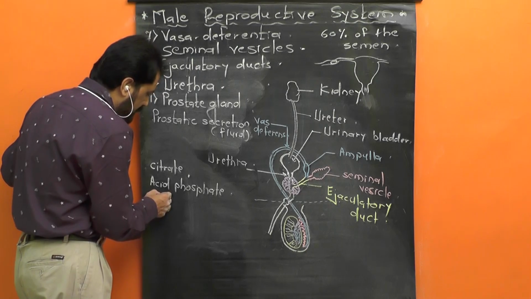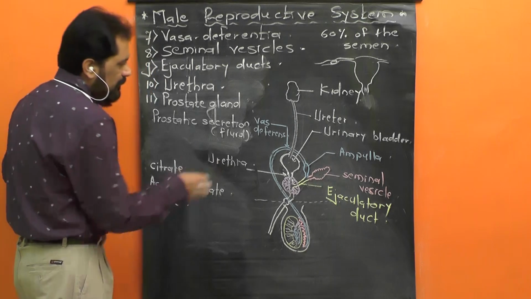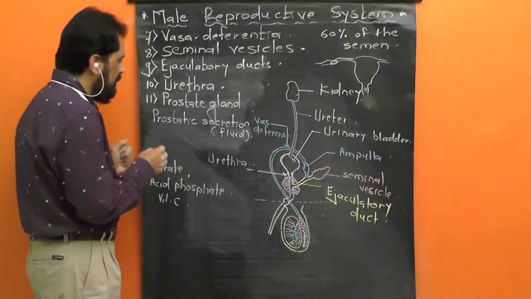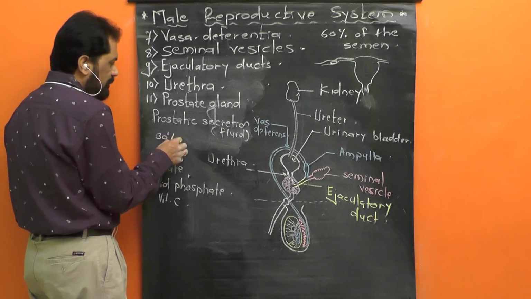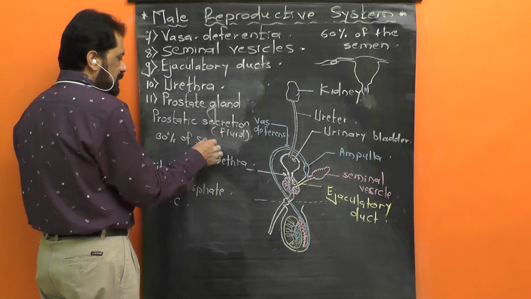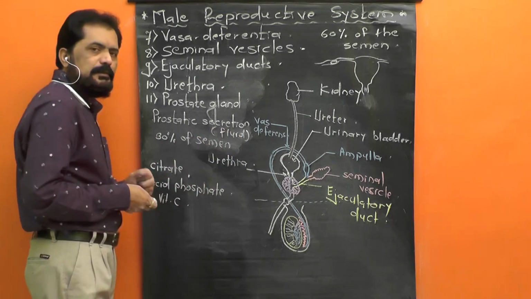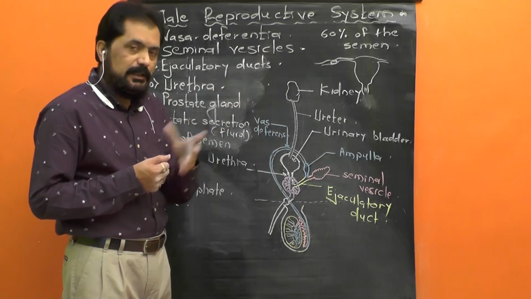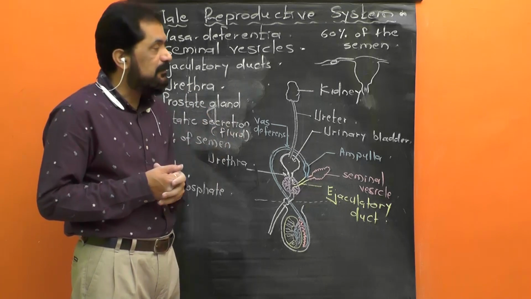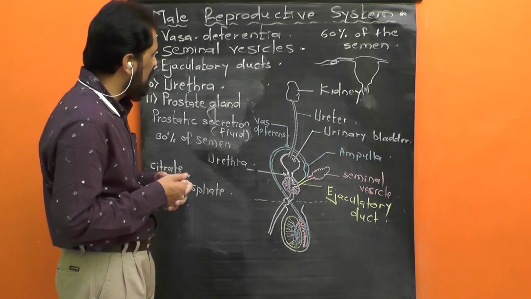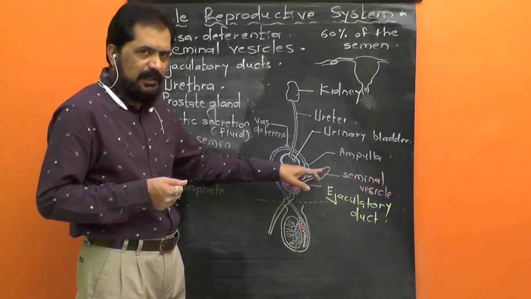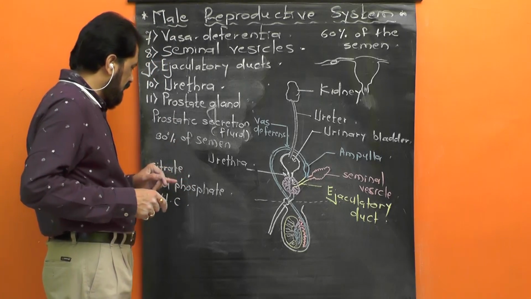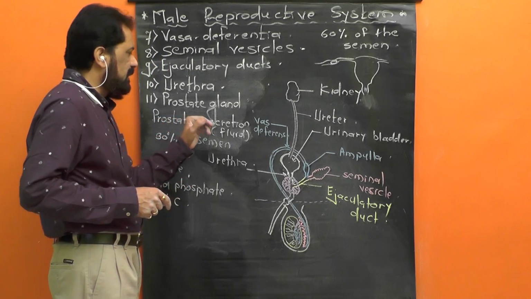Also, it contains vitamin C. Now, this prostatic fluid contributes about 30% of semen. Initially, I told you what is semen, isn't it? Male reproductive fluid. And also I told you that 60% of that male reproductive fluid is contributed by the secretion of seminal vesicle, that is seminal fluid, and 30% of that semen is contributed by the prostatic secretion.